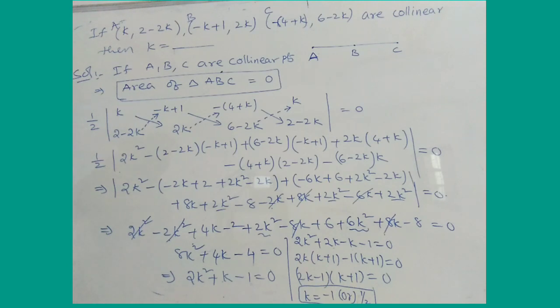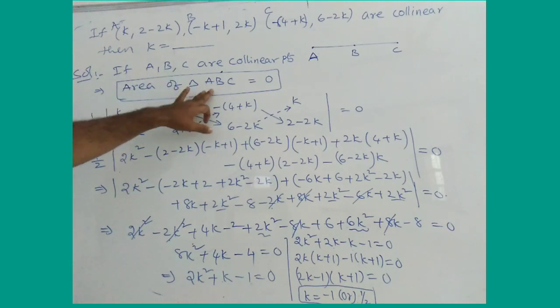Understood? This condition is very important. When the given three points are collinear, this condition is the best one. There are other conditions also, but among them the best condition is that if the points are collinear, then the area of triangle ABC is 0.